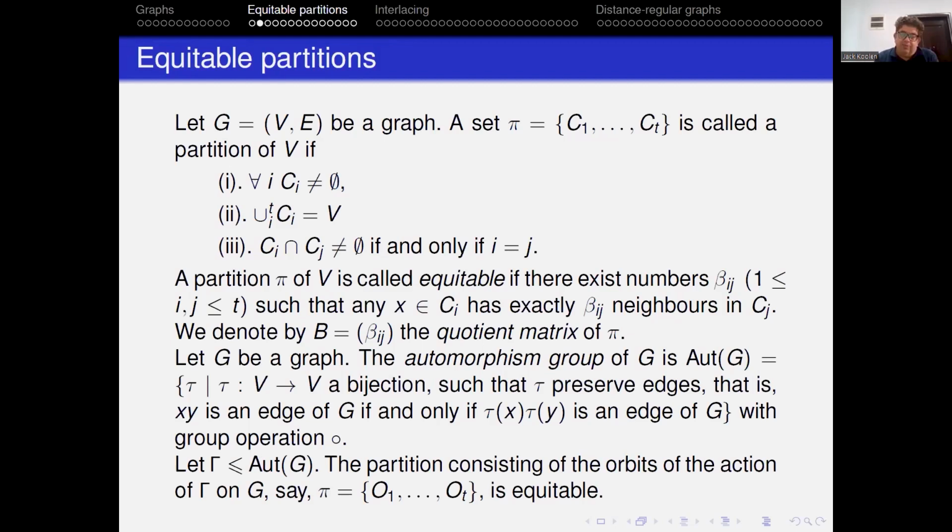And now I take a subgroup gamma of that automorphism group, and I look at the partition consisting of the orbits of the action of gamma on G. Say that has orbits O1 up to OT, and now I look at this partition. That partition is equitable. That is because the group is a group of automorphisms.